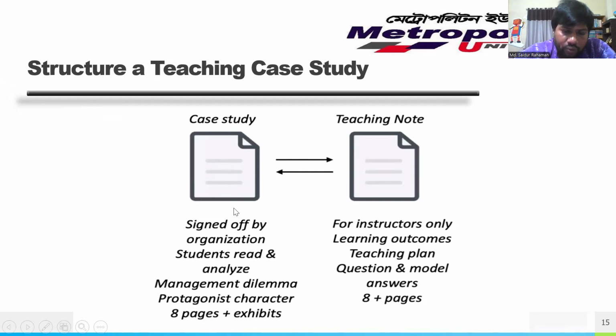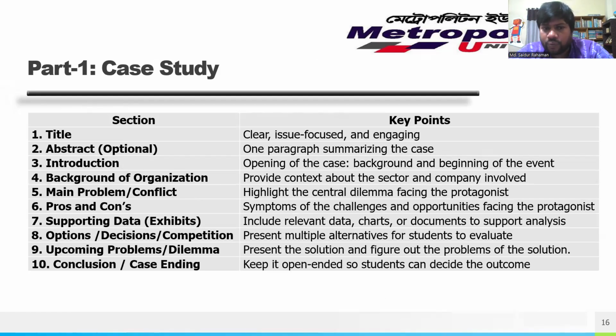This document will consist of 8 pages, and what information should the case study contain in its body parts. So in part one, we are discussing the case study writing process: what information should the case body contain?